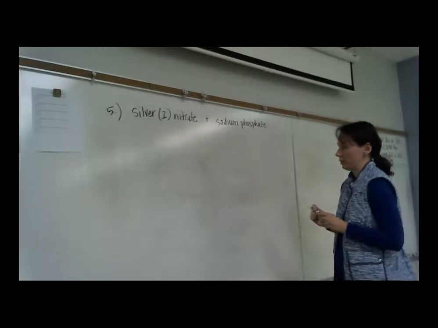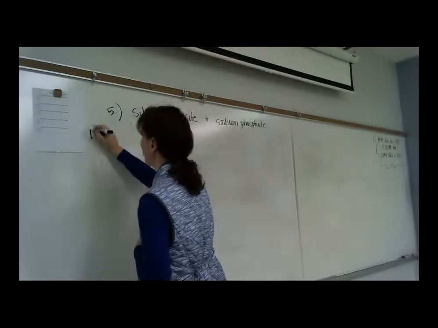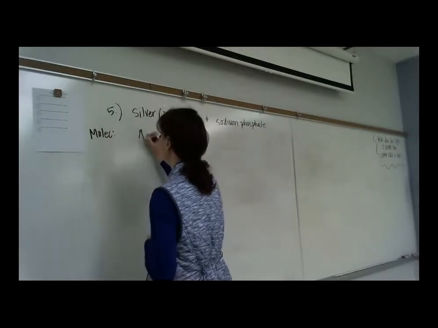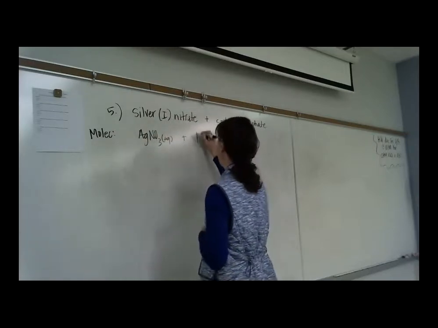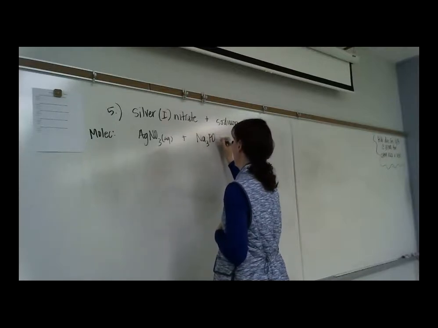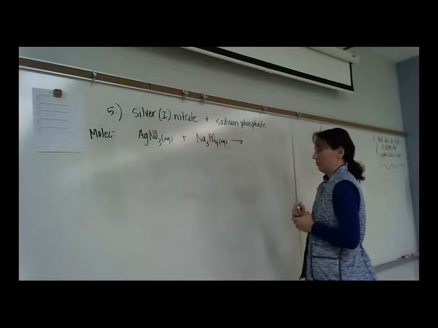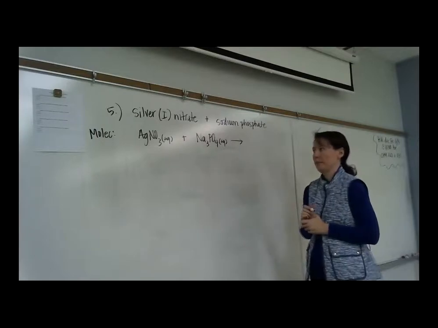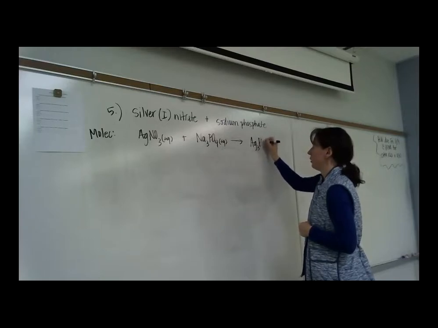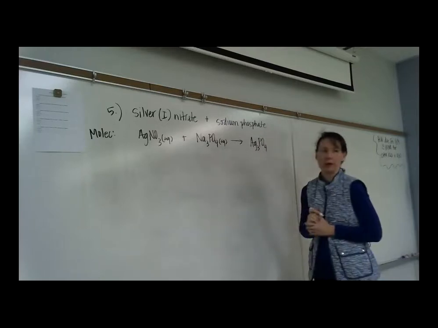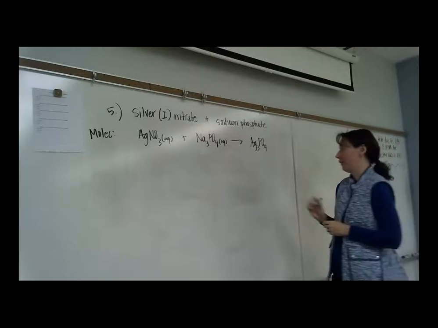Both of these are solutions, right? So I don't need to look up their solubilities, but if I did, these would both be soluble. So this is for my molecular. AgNO3 aq plus Na3PO4 aq produces, what's the silver compound going to be? Ag3PO4, right? Aqueous or solid? That one's solid, that's a precipitate.